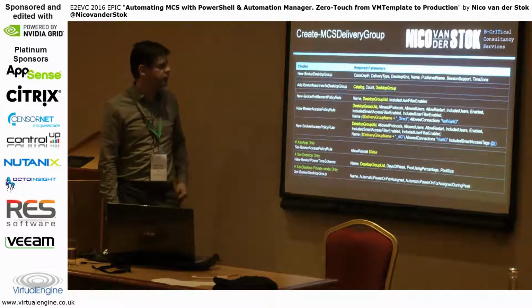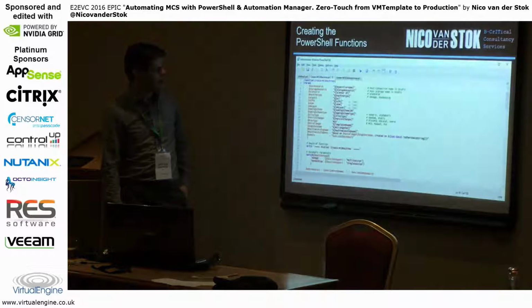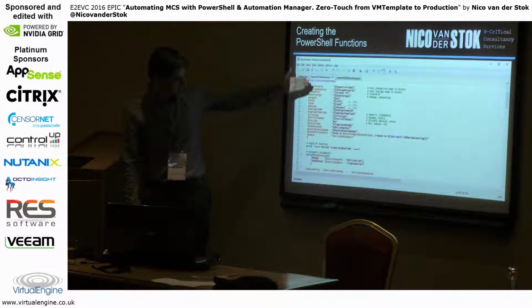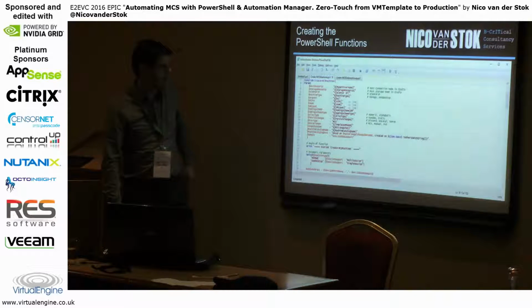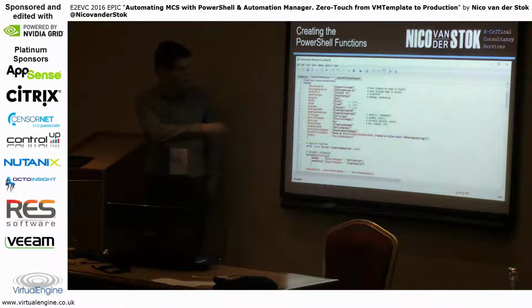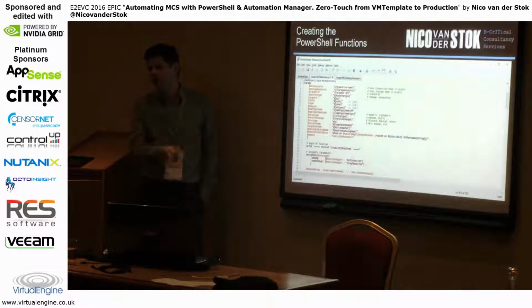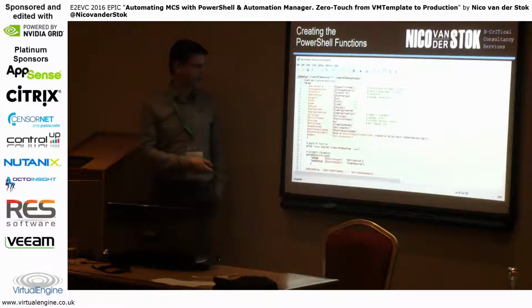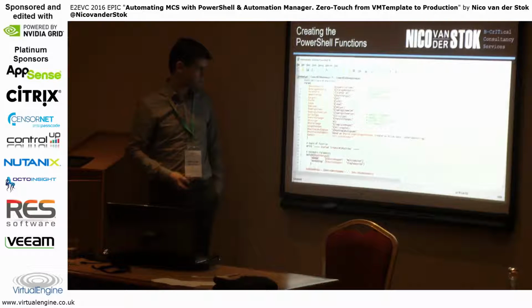Same thing for the delivery group, and all those parameters reflect to the first block of code. And you can download this from my website, so you can look at it on your own whenever you like.